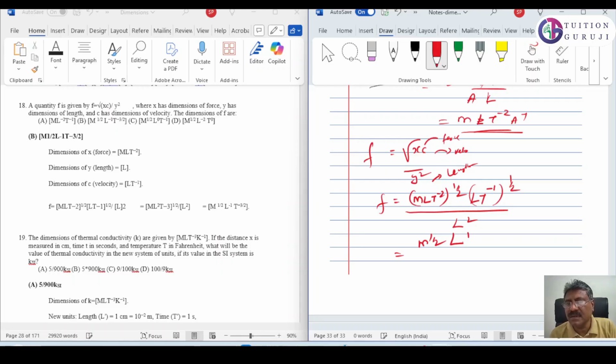Then T raised to minus 1, T raised to minus half, will give minus 3 by 2, divided by L square. So M raised to half, L square goes up as L raised to minus 2. So L raised to 1 and L raised to minus 2 will give L raised to minus 1, into T raised to minus 3 by 2, M raised to half. See here, the answer is M raised to half, L raised to minus 1, T raised to minus 3 by 2. The answer is B.